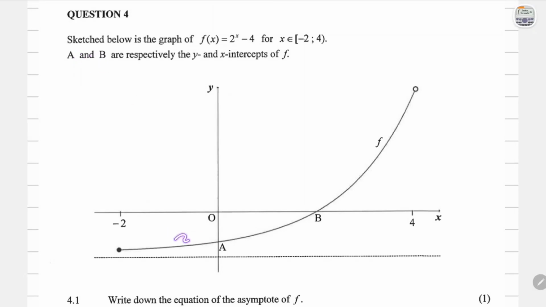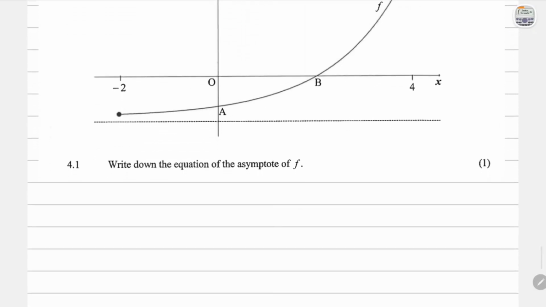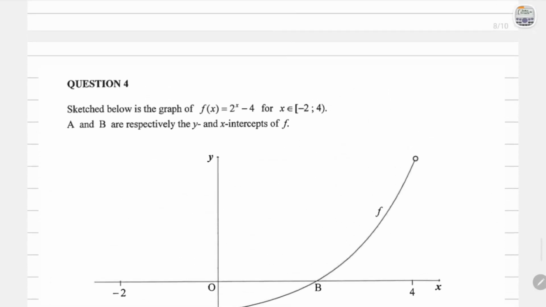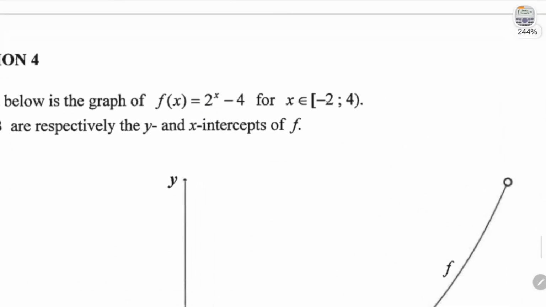And then they tell us that a and b are respectively the y and x intercepts, as we can see. And the first question is to write down the equation of the asymptote of f. Okay, the equation of the asymptote, as you can see, we already have the full equation, which is in the form of a times b to the power of x minus p, of course, plus q.